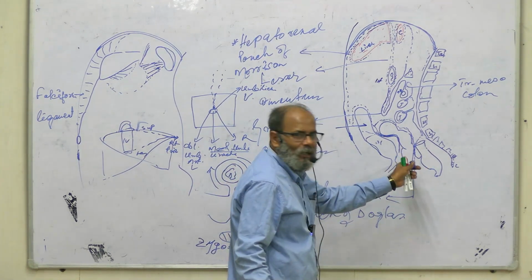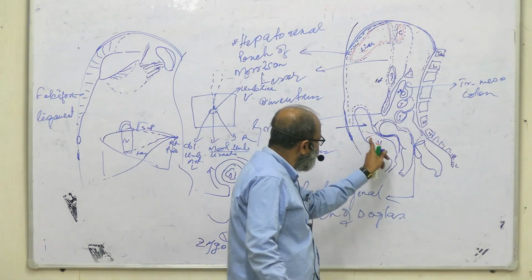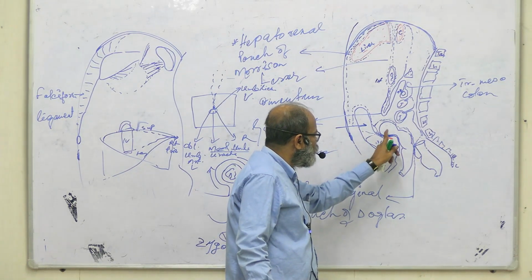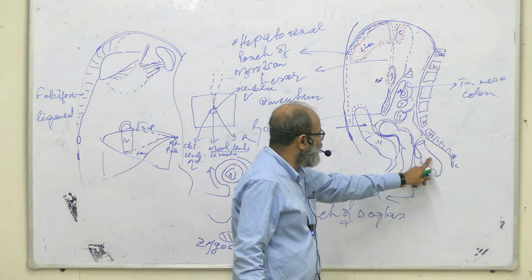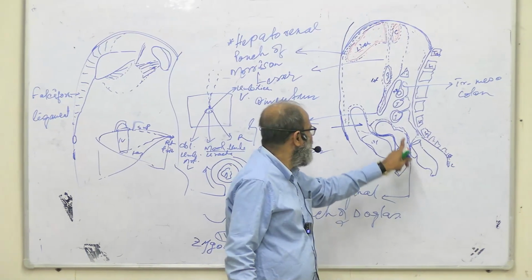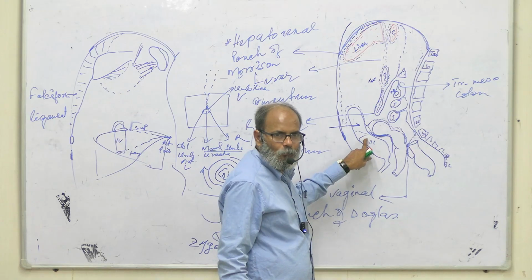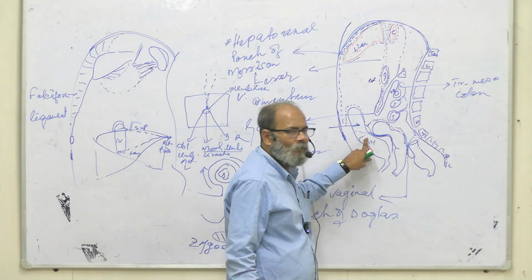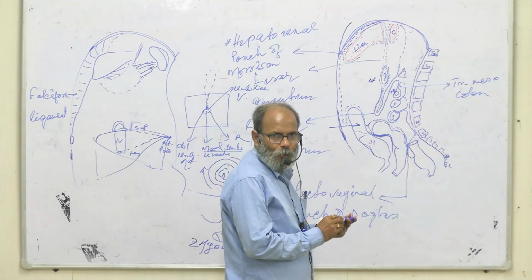So this is one fold, where the uterus is separated from the rectum, and that is another fold separating the uterus from the bladder. So this is the recto-vaginal fold or the pouch of Douglas. And this is the uterovesical fold. In case of male, there will definitely be no recto-vaginal fold, of course.